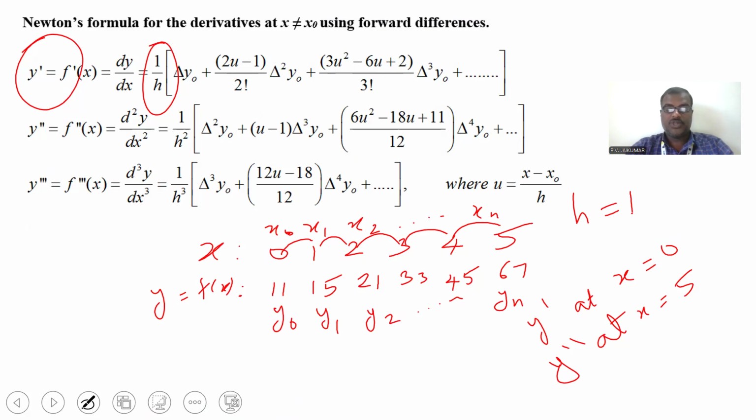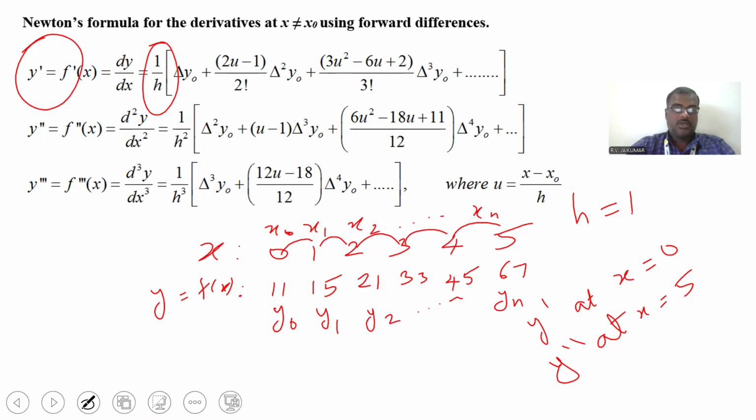Then only we can apply Newton's forward and backward interpolation formula. Right? If not, the method fails. We have to use Newton's divided difference formula. So the values of x should be equally spaced. Otherwise, we can't use this formula.